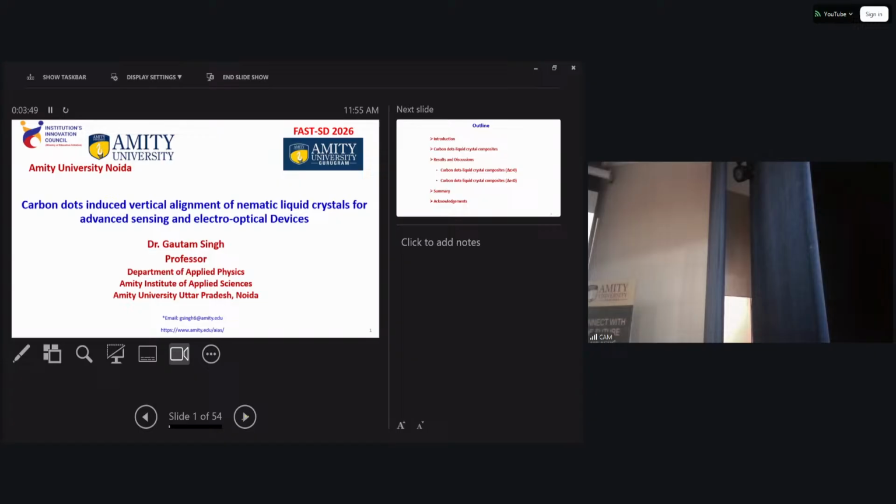To improve the performance of devices, people started working on using different nanomaterials such as quantum dots and so on. So today in this talk, I'm going to tell you about the use of carbon dots as a dopant to this LC matrix to make a composite, and understand how the properties are changed, whether they are good or bad in terms of application.